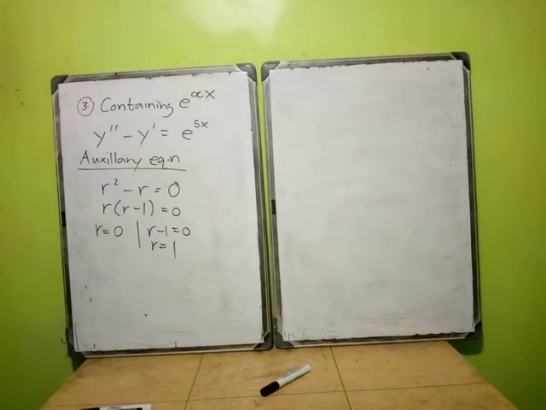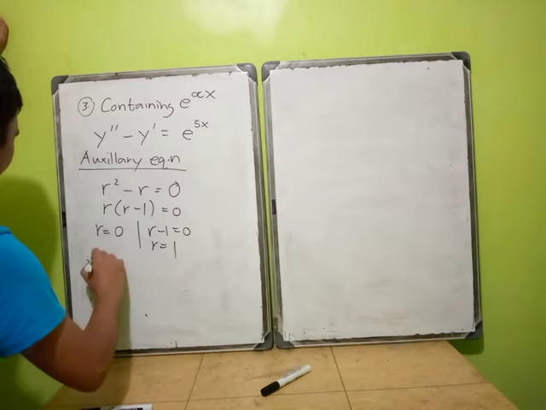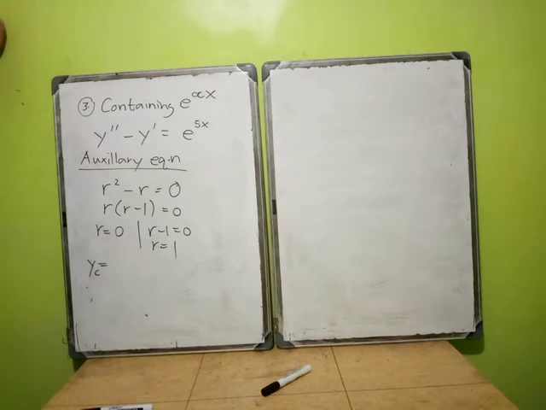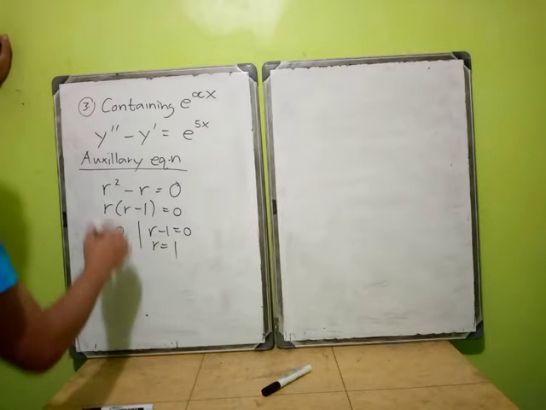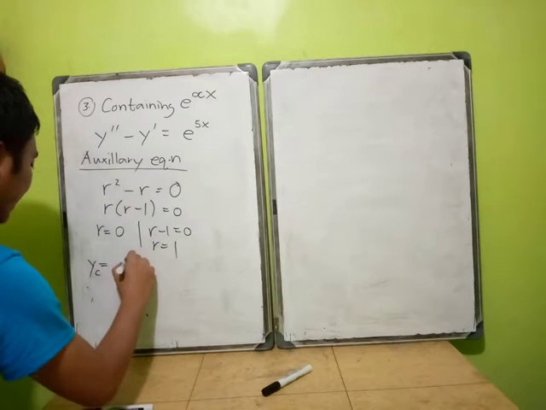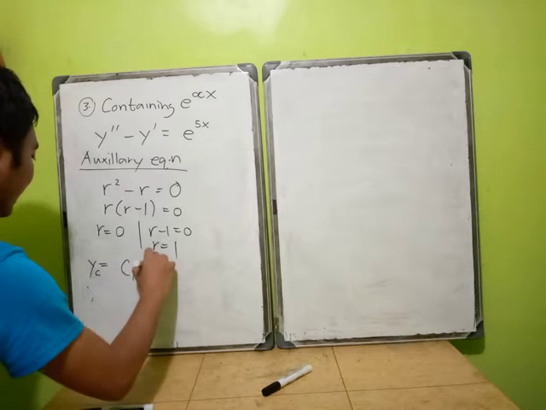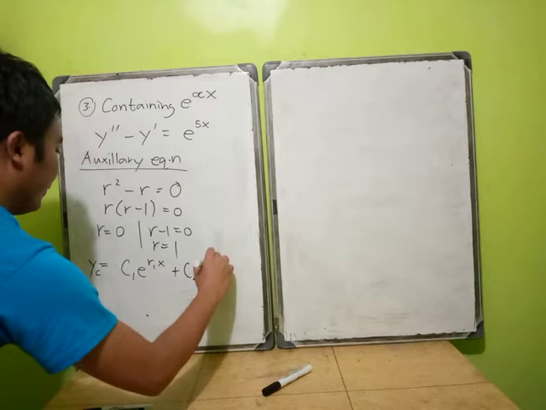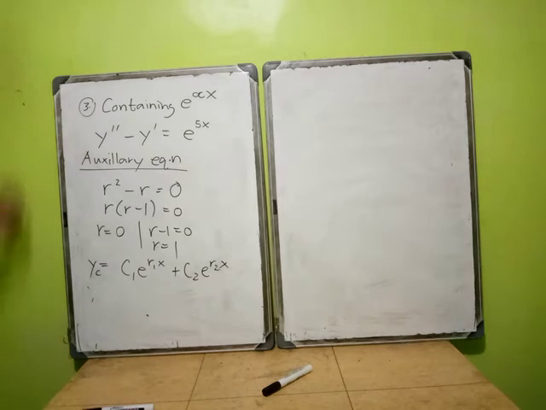Okay. So therefore, this is case 1. The template for case 1 is YC, the solution to the homogeneous DE, is C1 e to the r sub 1 x plus C2 e to the r sub 2 x.